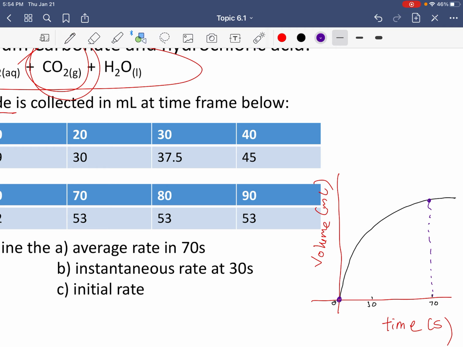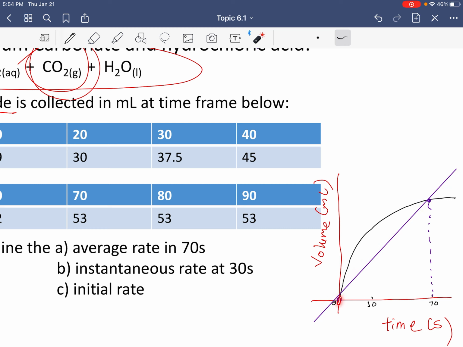What you're going to do between 0 and 70 is draw a secant for this curve. Now, what is a secant? A secant is a line that cuts your curve in two places. Here's your curve. You're going to cut this curve in two places. The two places are 0 and 70.